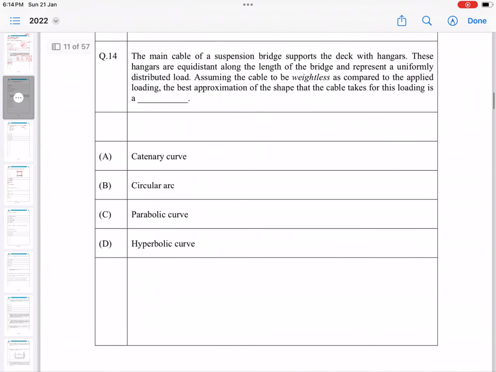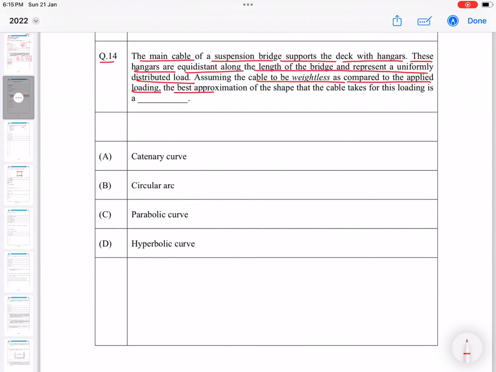And the 14th question: the main cable of a suspension bridge supports the deck with hangers, okay. These hangers are equidistant along the length of the bridge and represent a uniformly distributed load. Assuming the cable to be weightless compared to the applied loading, the best approximation of the shape that the cable takes for this loading is?